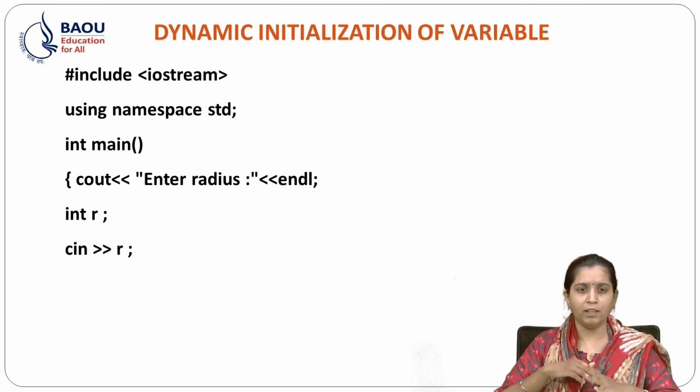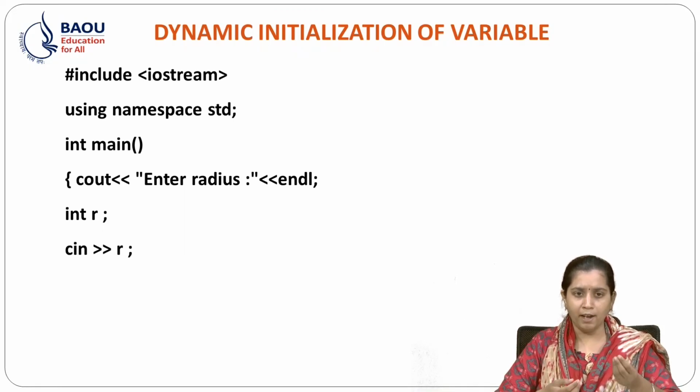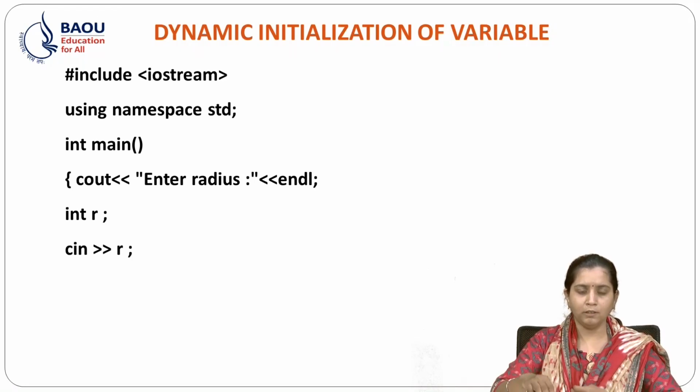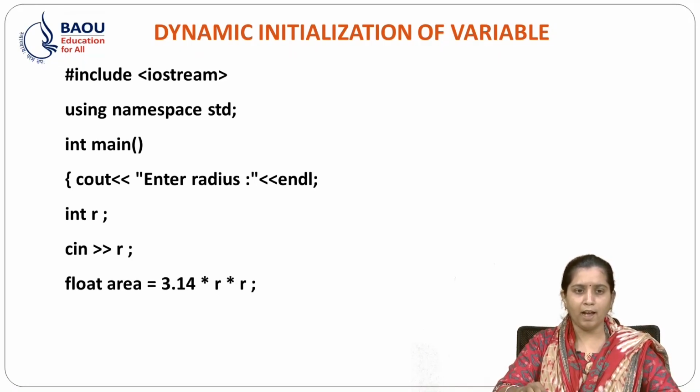I want to calculate my area, so I take a radius from the user, and after that I dynamically initialize float area is equal to 3.14 into r. So here area is dynamically initialized in float data type.